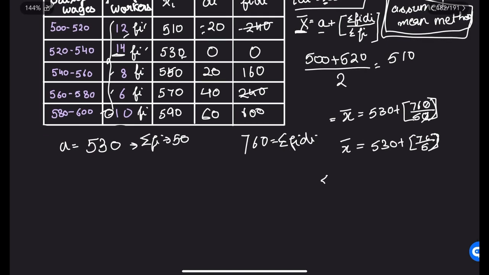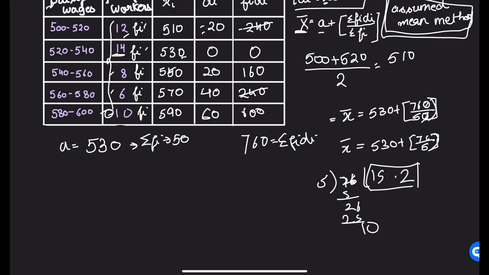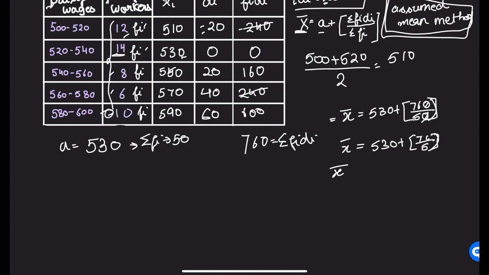Okay, so dividing it, 76 upon 5 is 15.2. Then 530 plus 15.2.